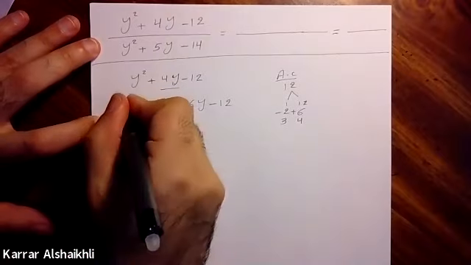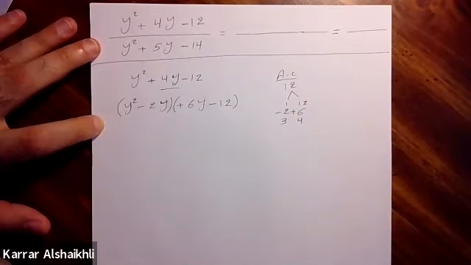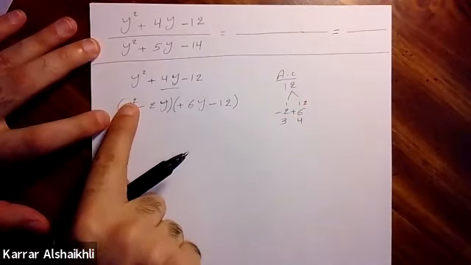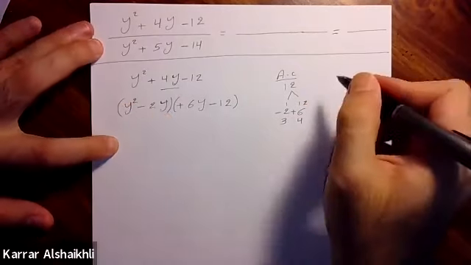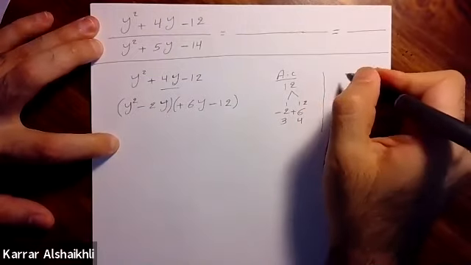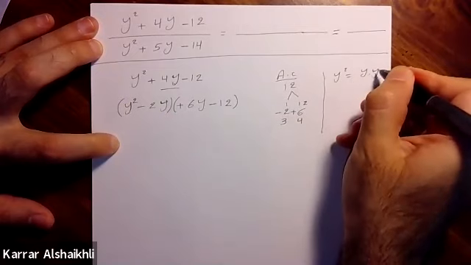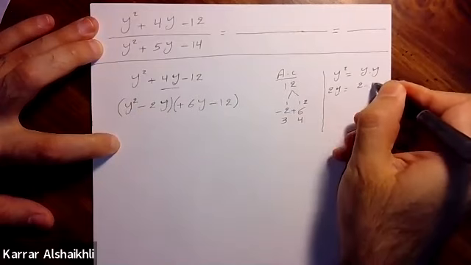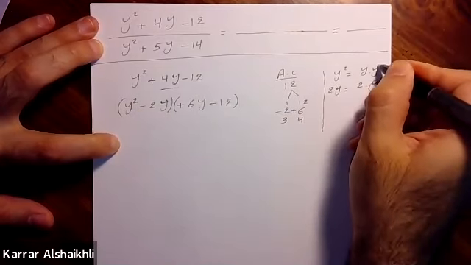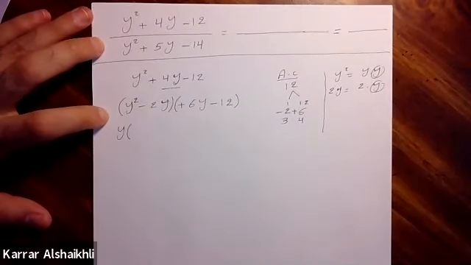I'm going to group the first 2 terms, and I'm going to group the last 2 terms. What's the common between y squared and -2y? You can do that on the side. y squared is y times y, and 2y is 2 times y, so the common is y. I'm going to open parentheses.